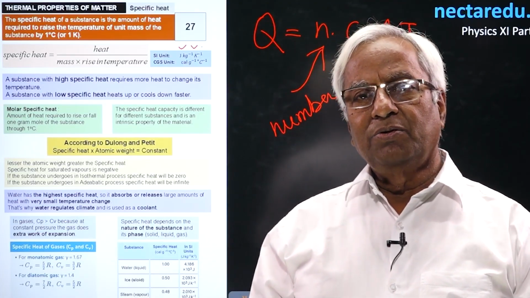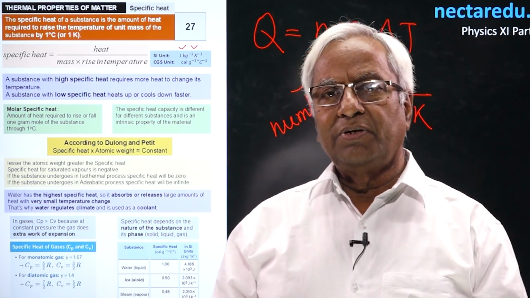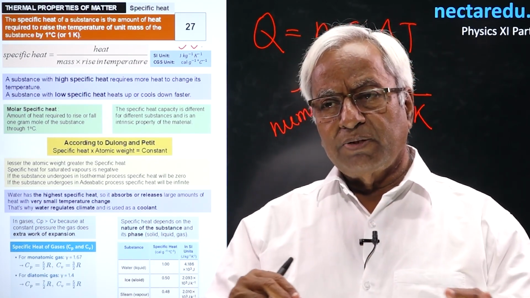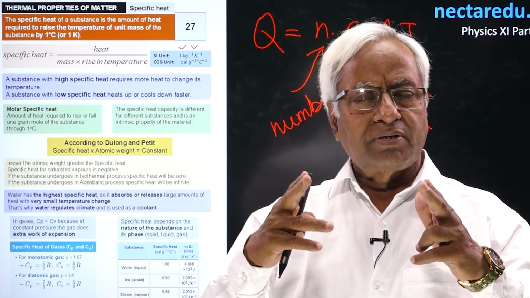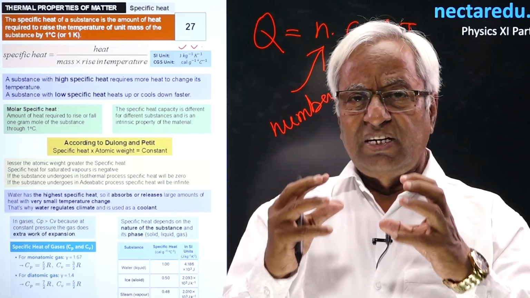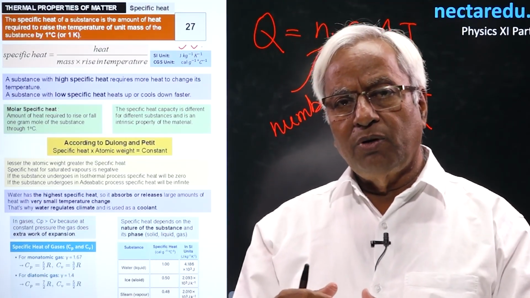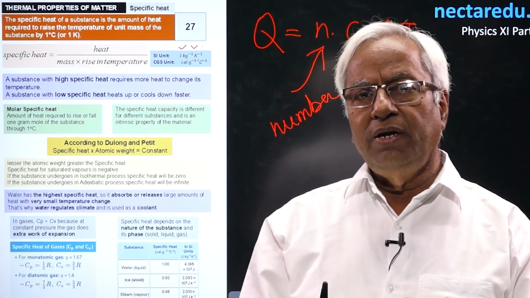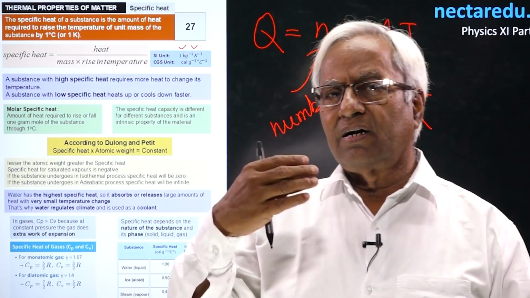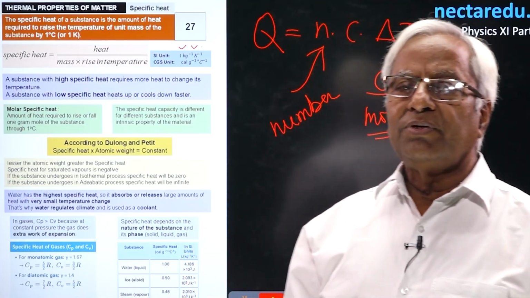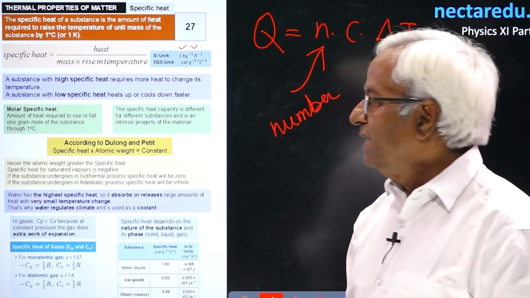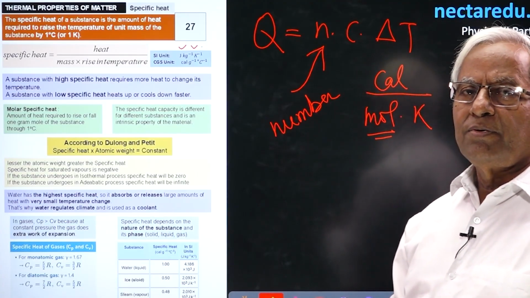But in that case, you are going to choose aluminum because aluminum has the highest specific heat, and that will require more heat for getting hot. That will absorb more amount of heat from the tea, and the tea would be cooled easily or earlier by picking the aluminum spoon. So these kinds of concepts should be in your mind.